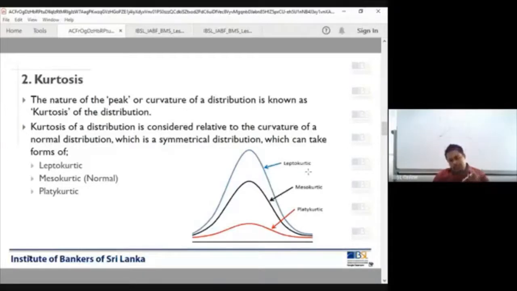So what do we really mean by kurtosis? I mean, what are we going to conclude from learning about kurtosis? Are we going to say that it has a higher frequency compared to a normal distribution instance, or it may have a lower frequency?